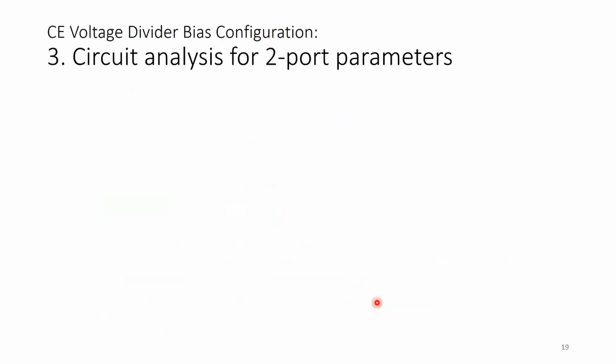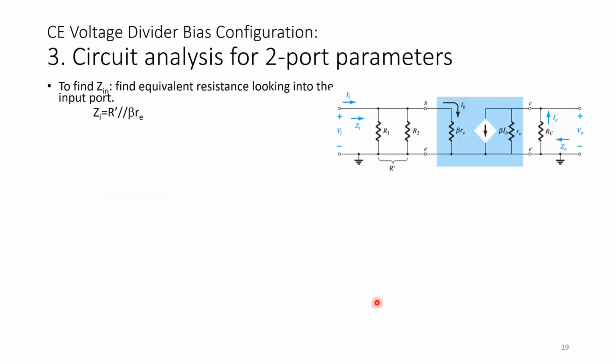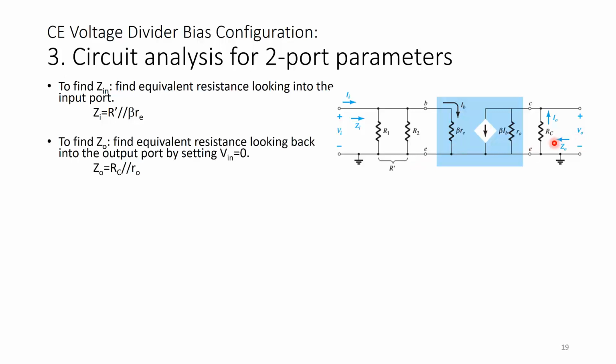Now we are ready to find Zin. Looking into the input port, Zin is going to be R1 parallel with R2 parallel with beta RE, which is the RE model parameter, and Z out is just going to be RC parallel with R out. Gain is again the same thing, nothing new.